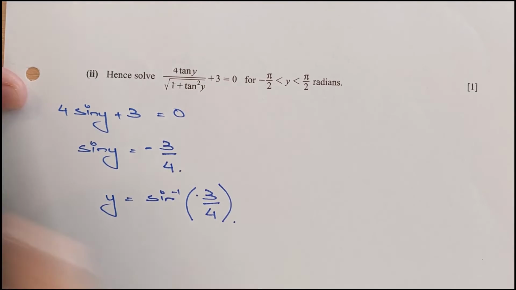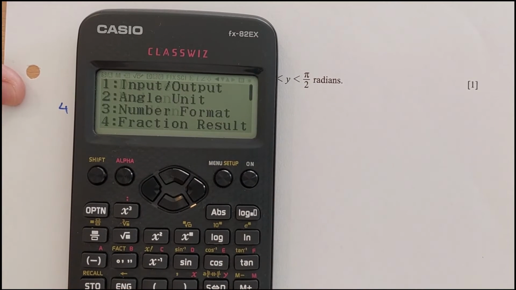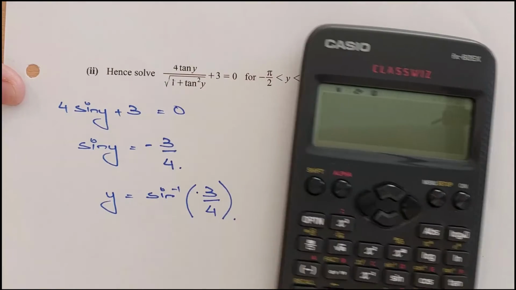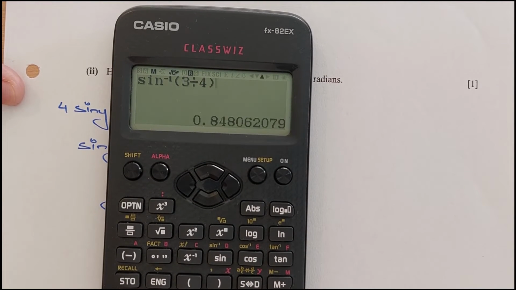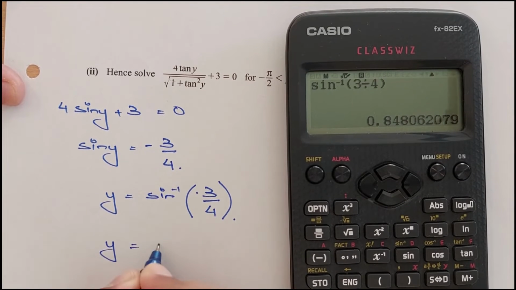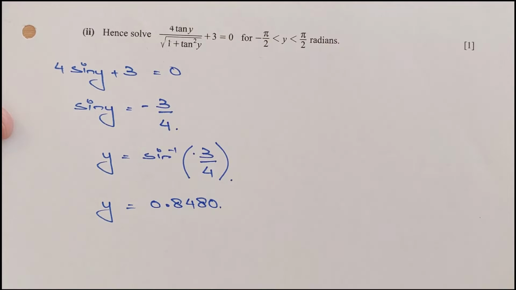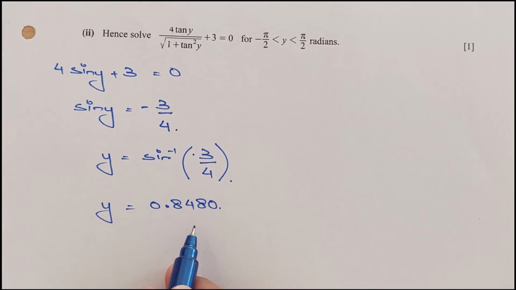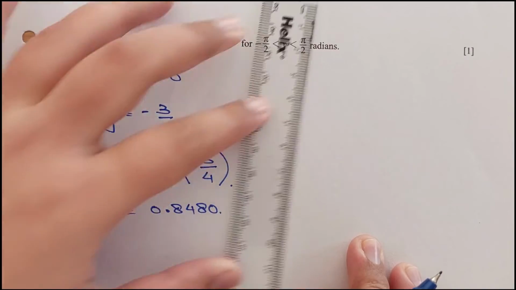This is in radians, so I convert my calculator to radians. Sine inverse 3 by 4 is 0.848. Okay, this is a value for y. Now we have to check in which quadrant sine is negative, because this equation is for negative.